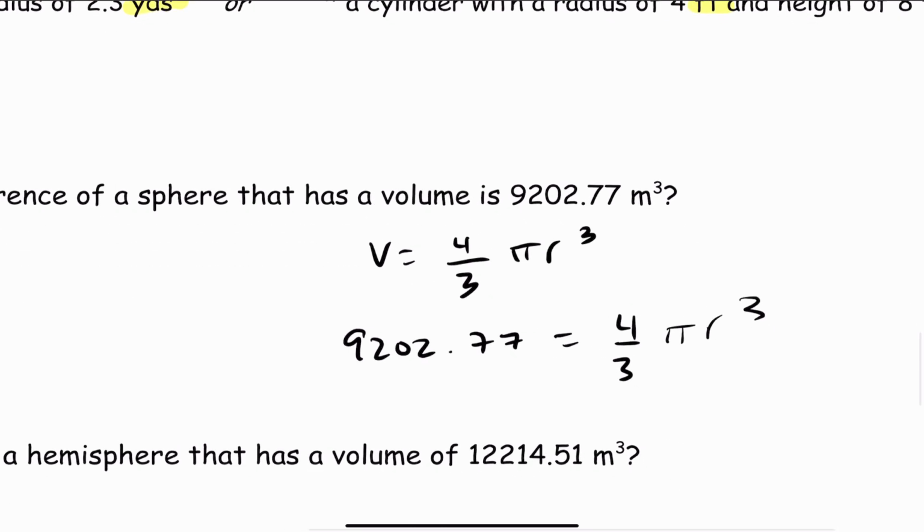Okay? I'm going to multiply both sides by 3/4. So the 4s will cancel and the 3s will cancel. I'm going to multiply this number by 3/4.